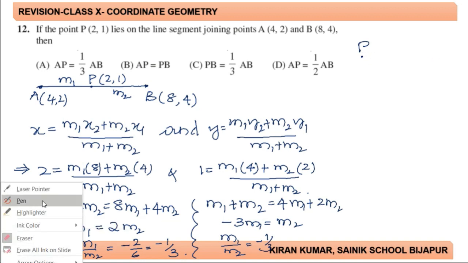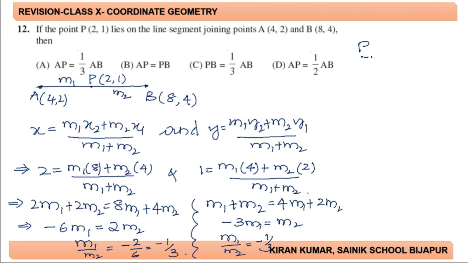Point P is dividing the line segment externally. So only we have the ratio like this. AB from here to here it's 1 unit. From here to here it is 2 units. Together it is 3 units.